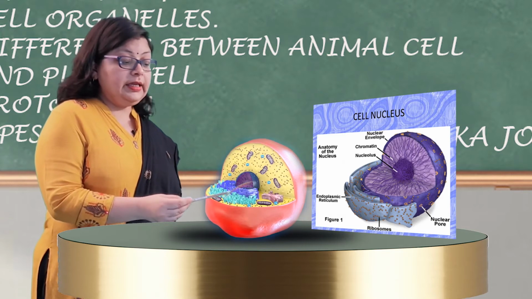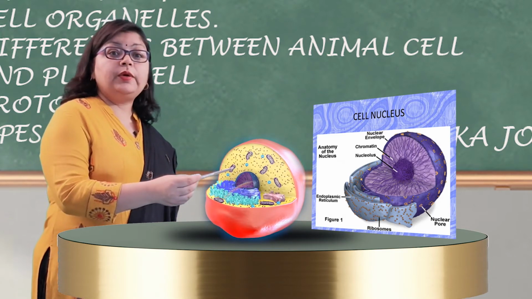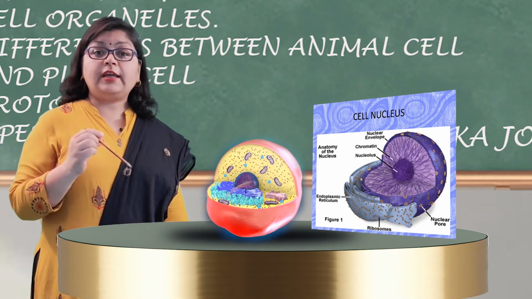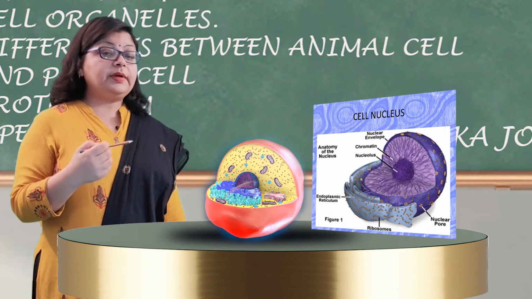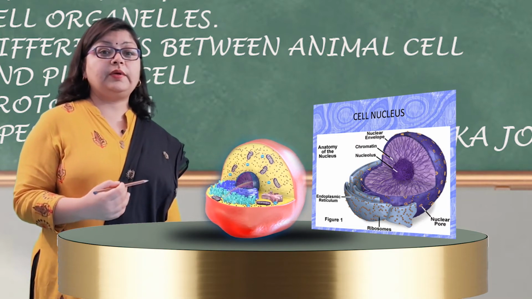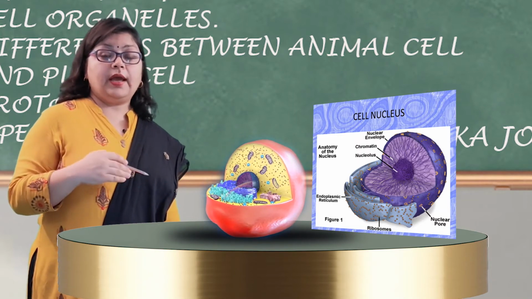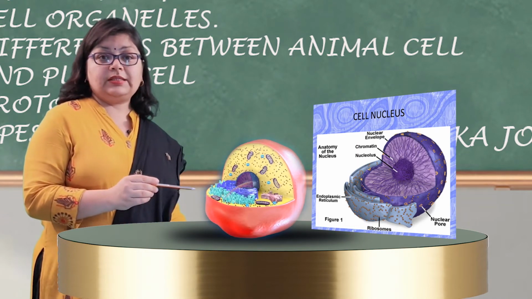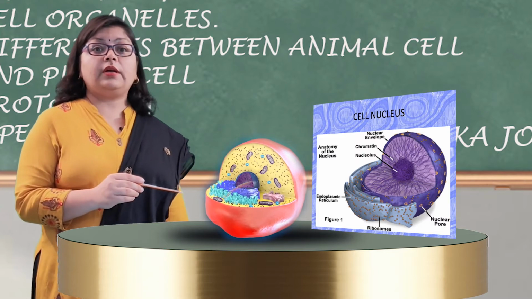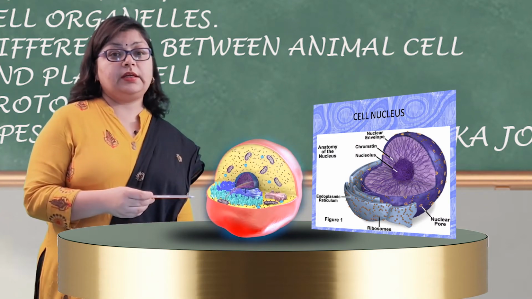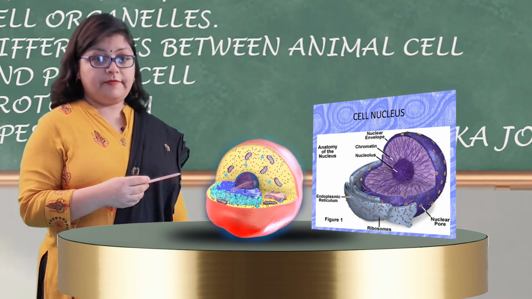Secondly, the nucleus has a nuclear membrane around it. This nuclear membrane also has tiny pores in it, so that any cell material which has to enter inside the nucleus can easily move in and move out. Inside the nucleus is a very small spherical body called the nucleolus, and the thread-like structures present inside the nucleus are the chromatin fibers.